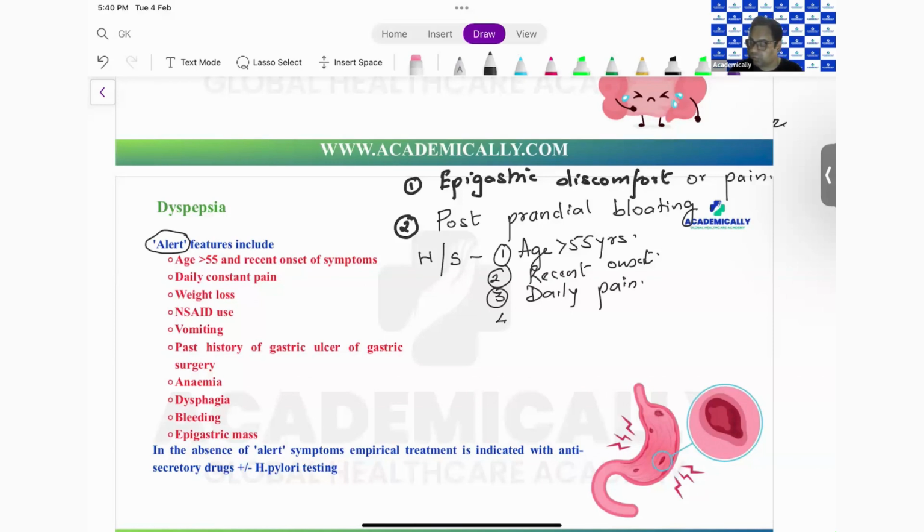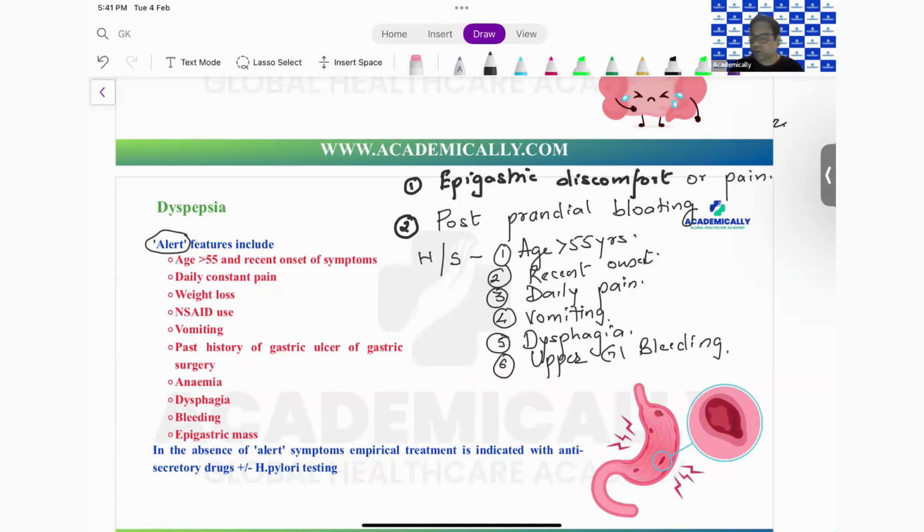There can be vomiting. There can be dysphagia, or even upper GI bleeding. This is something which you should take very seriously. Somebody is telling that there is dysphagia, one person cannot swallow, the food is getting caught somewhere. That is something which we have to bother about.